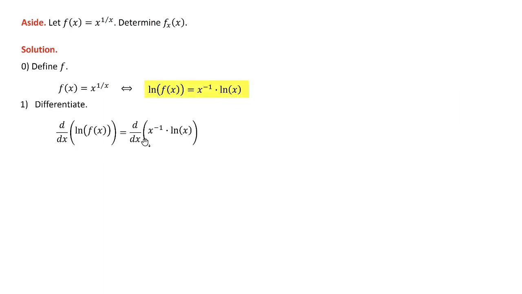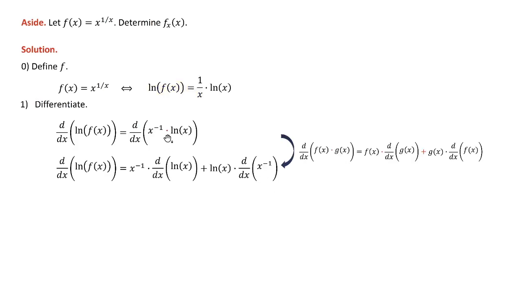So we take the derivative of both sides just as we would with any implicit differentiation problem. Now we're going to use the power rule here. Of course, you could have just kept it as 1 over x times log x and used the quotient rule. That's fine as well. But I prefer the power rule. So just applying the power rule, we obtain this expression.